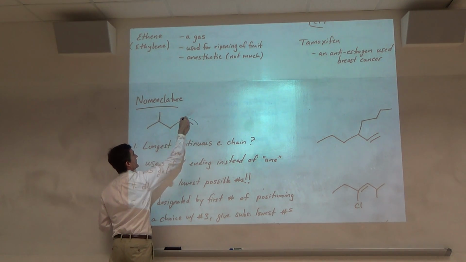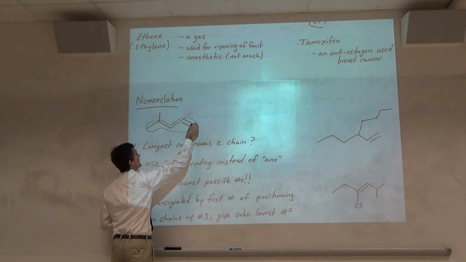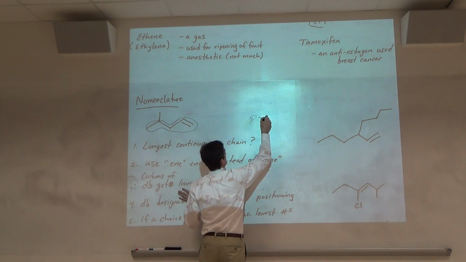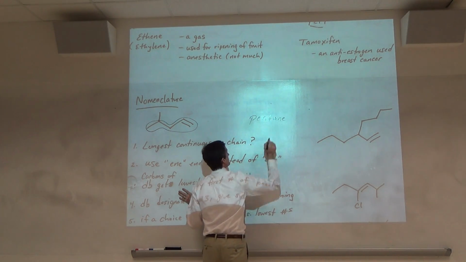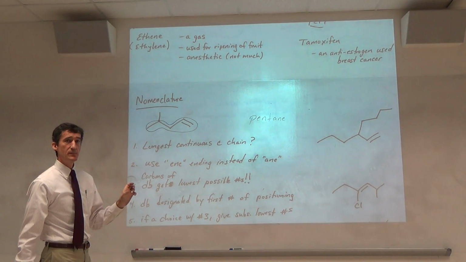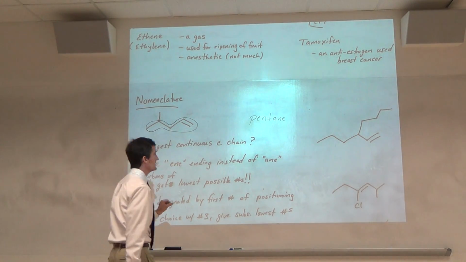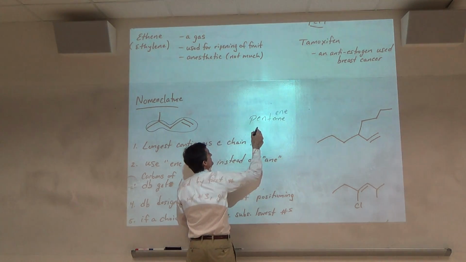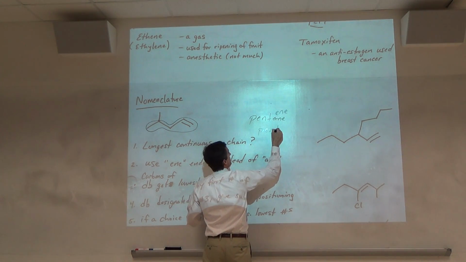Either way you go, you've got 5. And so the longest continuous chain gives us pentane. But since it contains an alkene, it's named as an alkene, and the ending becomes -ene. And so we get pentene.